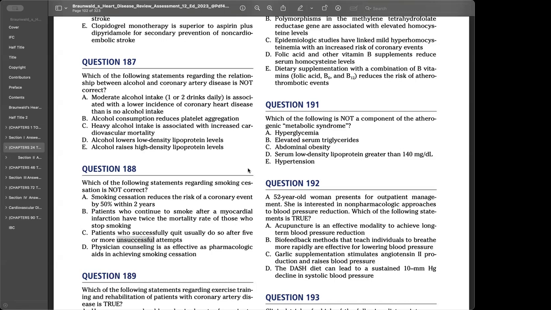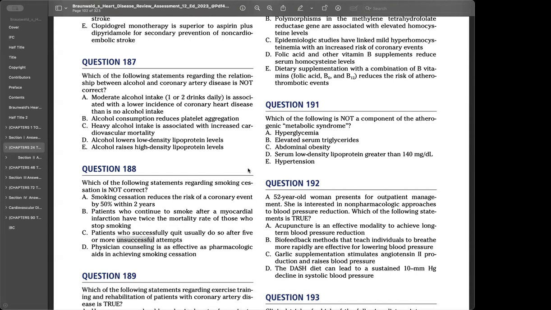So going through it, option A, moderate alcohol intake of 1 to 2 units daily is associated with lower incidence of coronary heart disease than no alcohol. There's a J-shaped relationship between alcohol intake and coronary artery disease, and moderate intake is associated with lower coronary artery disease.